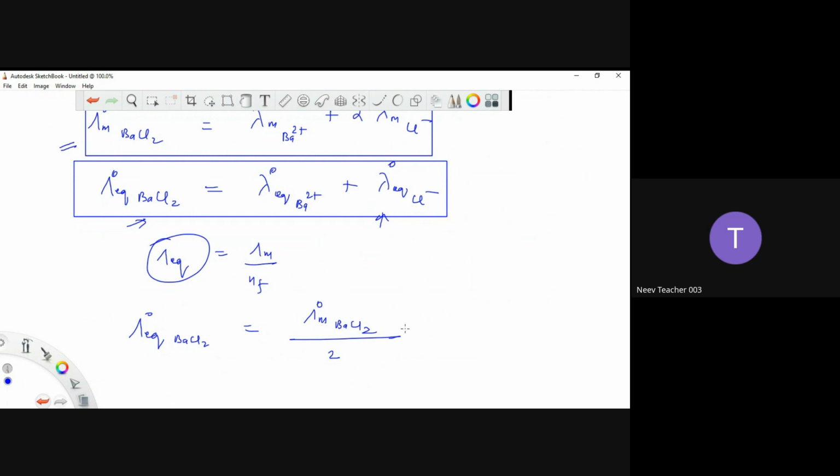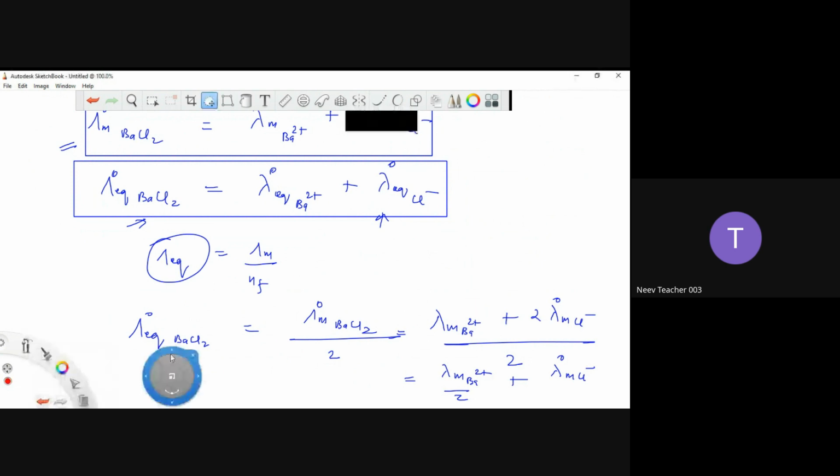This, put it here. So it becomes lambda m of Ba2 plus, plus twice lambda m of Cl minus, divided by 2. If you write it individually, it becomes lambda m of Ba2 plus divided by 2, plus lambda m of Cl minus, because the 2 and 2 cancel out.